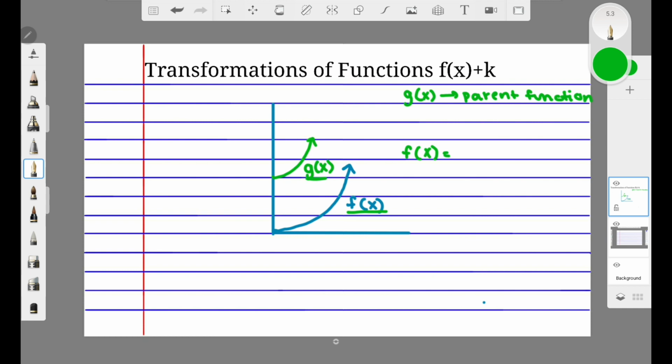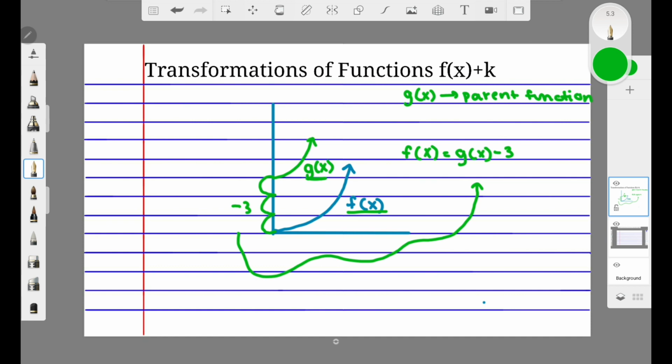First we have our original, g of x. And now let's see how much it goes down. This one goes down 3 units. So in the same way, in our equation, we subtract 3.